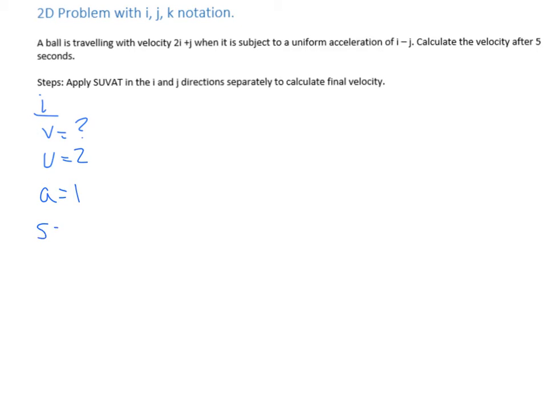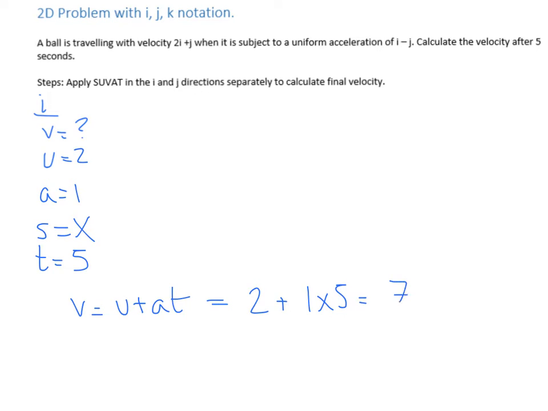We don't know the displacement, and if we look at the time, we know it's 5. So we don't know displacement, that's telling us we need to be using this old equation here. So if we plug the numbers in, we've got v is 2 plus 1 times 5 gives you 7 meters per second, but that's in the i direction.